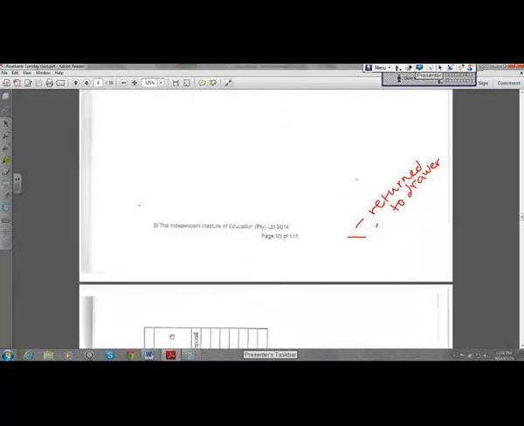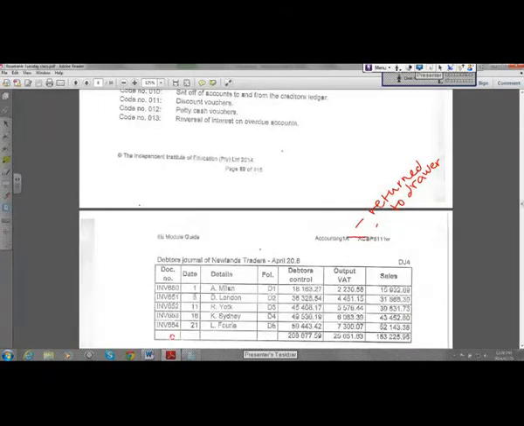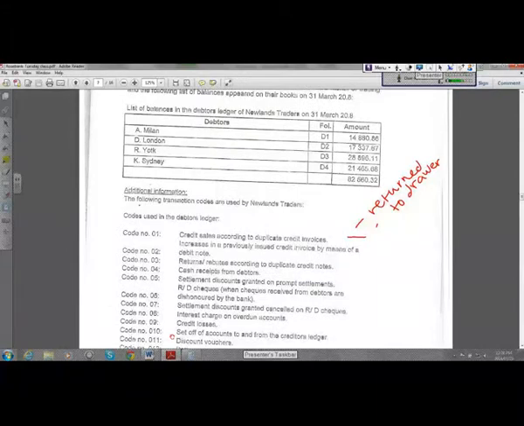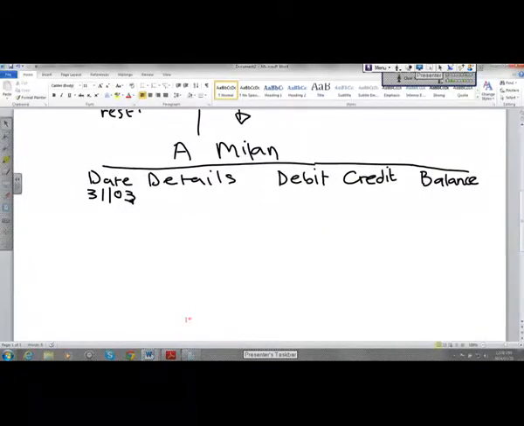There we go. He was owing us 14,860.86. So the balance is 14,860.86.